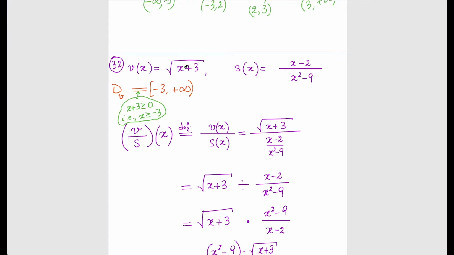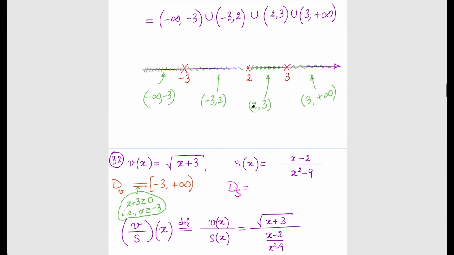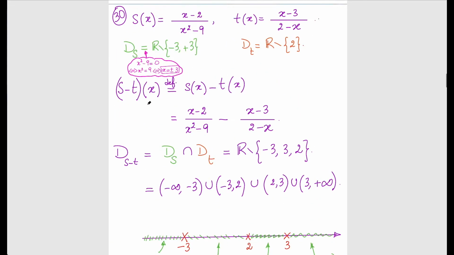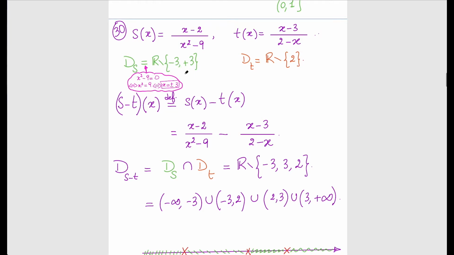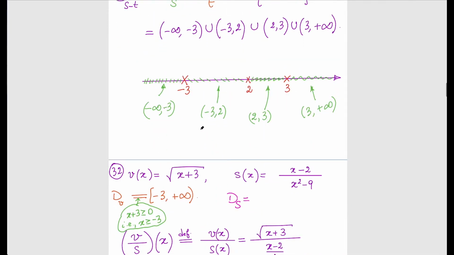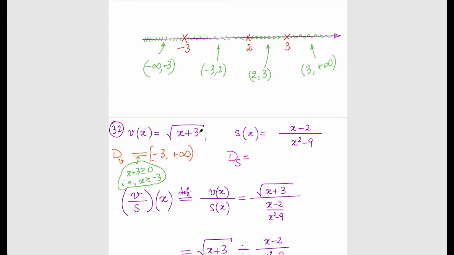For s, what's the domain of s? We discussed it above, right? It's right there in green. So it's everything except -3 and 3. Since it was in green, let's keep it in green. So this is equal to all real numbers except -3 and 3, right?